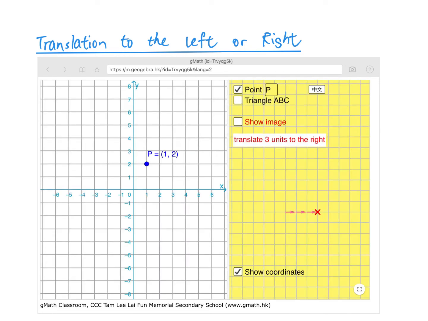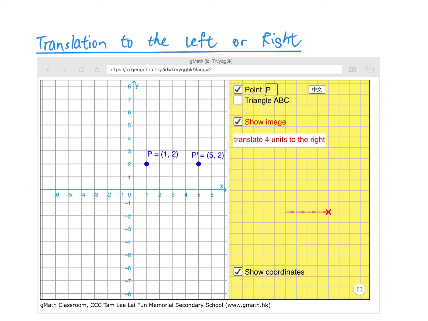For a translation, first of all, you can see the point P at (1, 2). Now, I'm going to translate this point maybe 4 units to the right. And now let's see where it will go to. First of all, it will go to (5, 2).